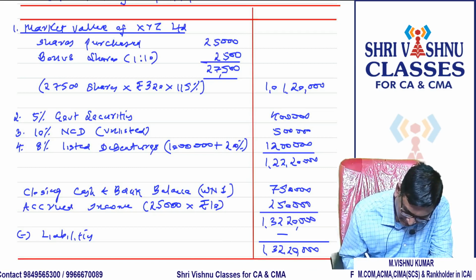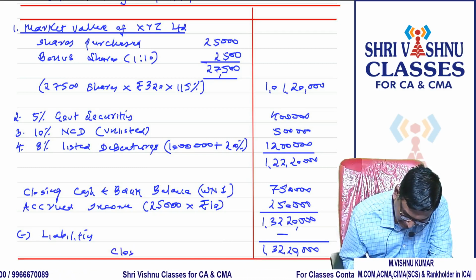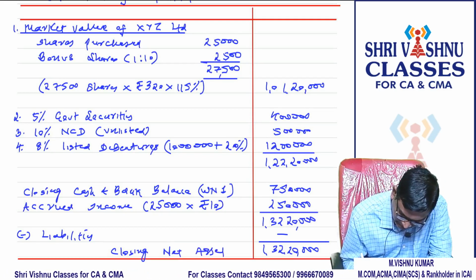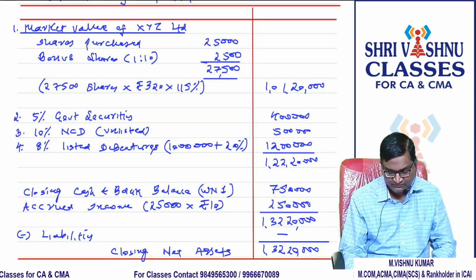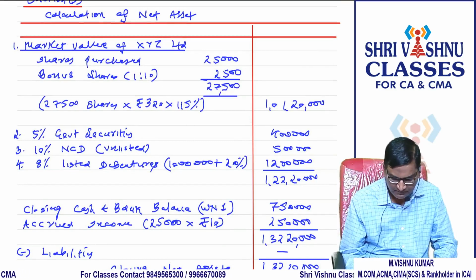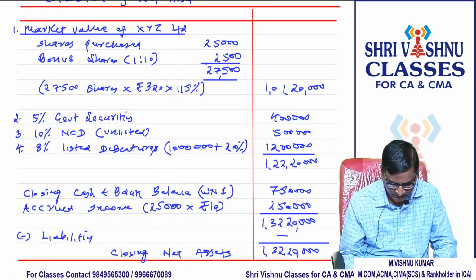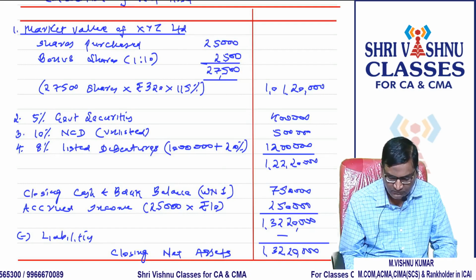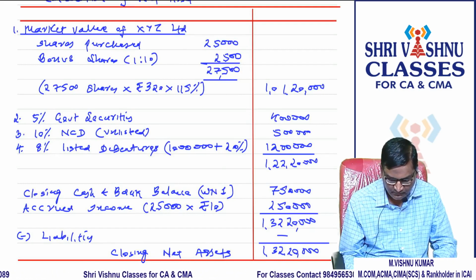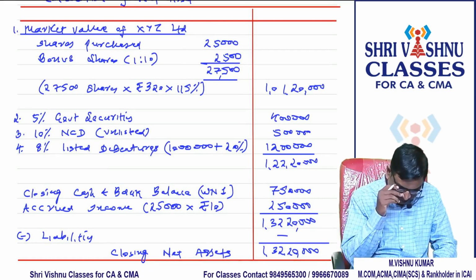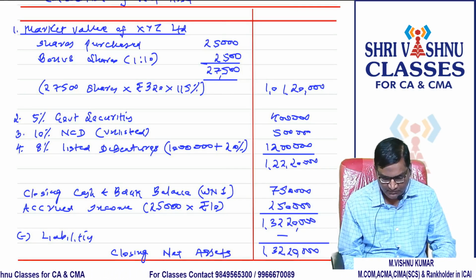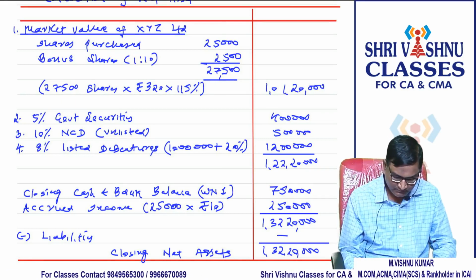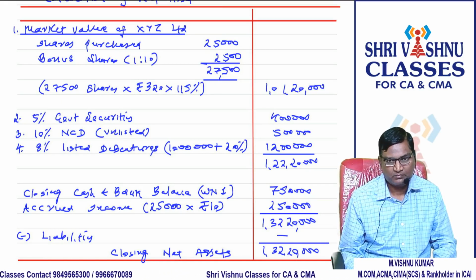So this is closing net assets. Accrued income is dividend, dividend receivable: 10 rupees dividend on 25,000.